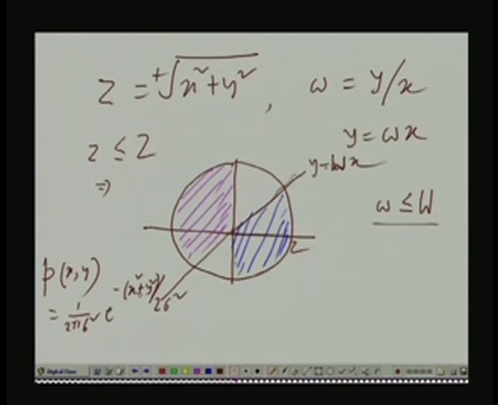In this case, first, what is the probability of x, y lying within this entire circle? We have worked this out earlier, when you dealt with a single function of two random variables. So, z is equal to square root of x square plus y square, and x, y are given to be circularly symmetric, jointly Gaussian random variables. In that case, we found the total probability of the x and y pair falling within this circle.